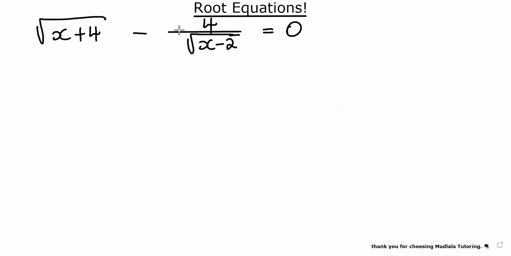And even if you were to multiply throughout by the LCD, it's not really going to help you that much. So what is the best thing to do? It is to take this entire fraction to the right-hand side because you can now square both sides.